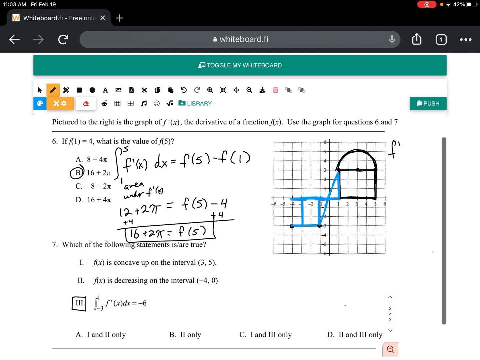And I'm going to split up that below the x-axis area into a rectangle and a triangle. Okay, hopefully we see that those two triangles have equal area, but one is above the x-axis and one is below the x-axis. So if we add together those two areas, what number do we get?